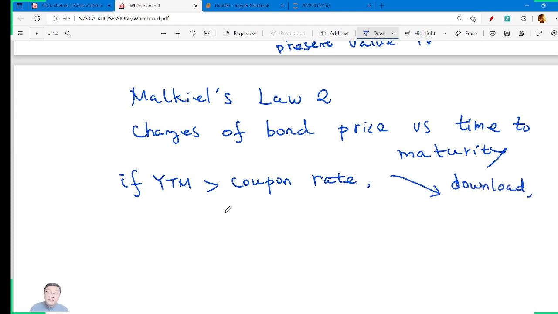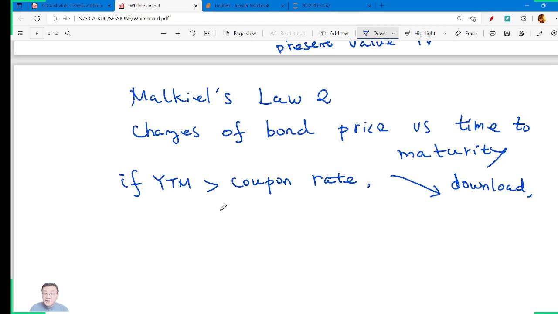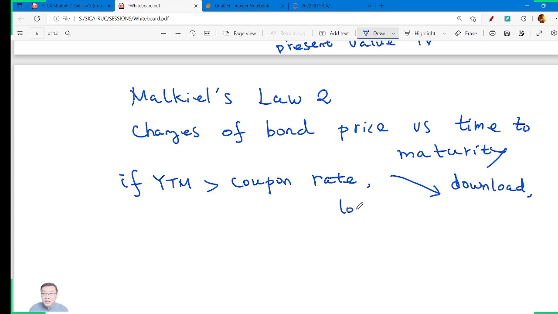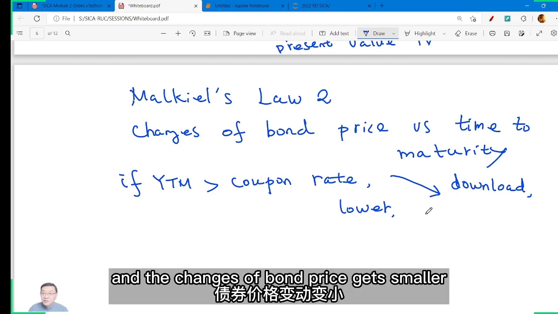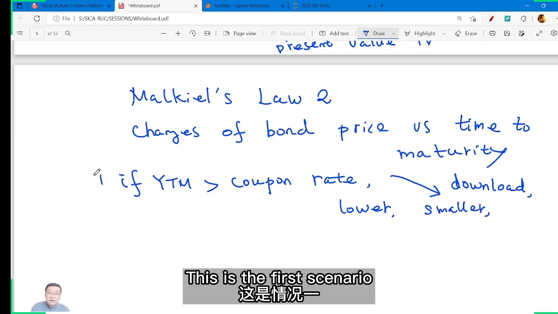That means if we have a longer time to maturity, the bond price will go lower. Okay, bond price goes lower, and the changes of bond price get smaller. This is the first scenario.